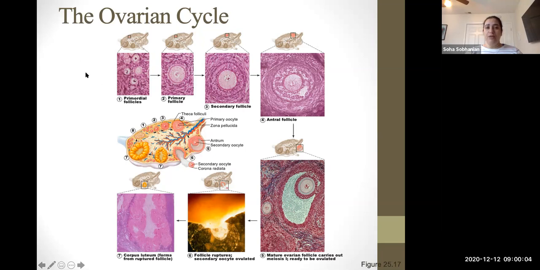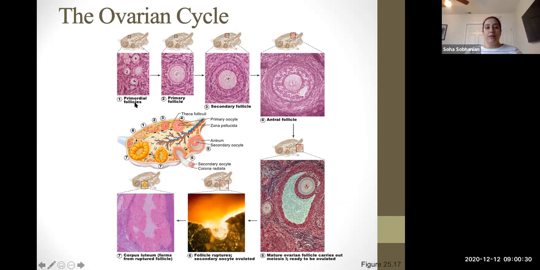So primordial follicle is what we actually start with. The other thing I want you to note about this is when we look at an oocyte, which is your egg, here is your egg, but you have a layer of cells around that. And these cells around the oocyte, plus the oocyte as a whole, are called a follicle.